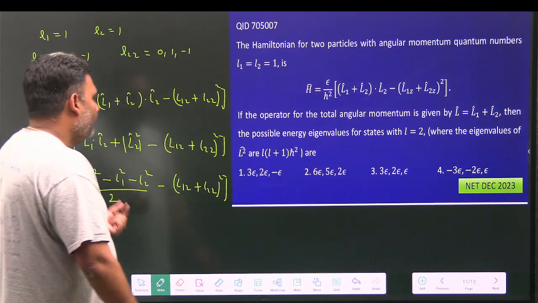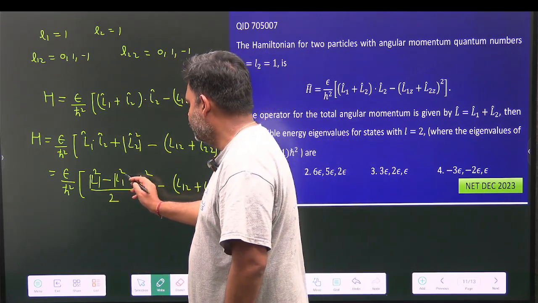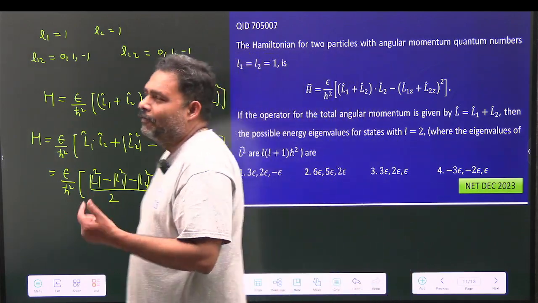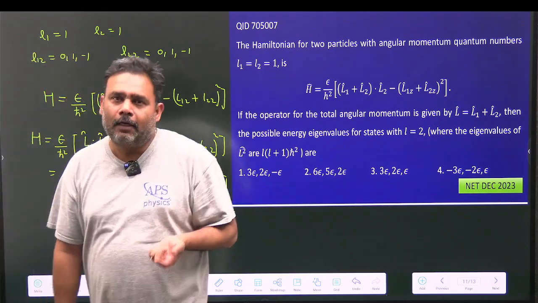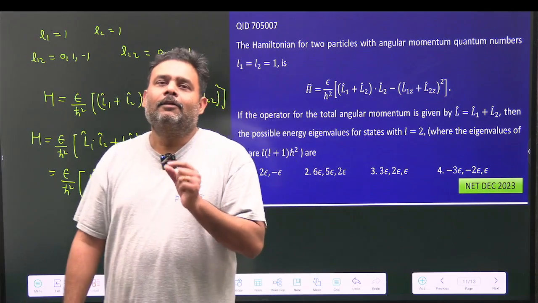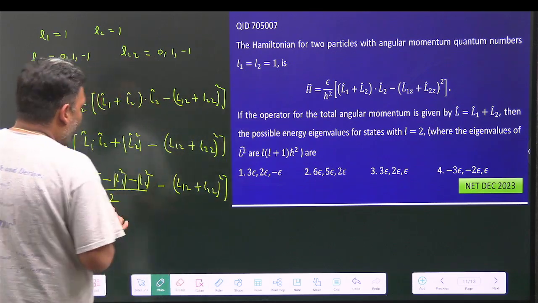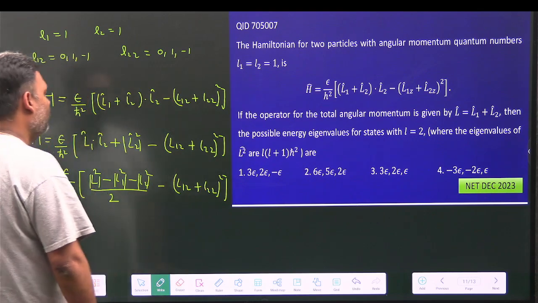And this is all about the mod value. And we know that this is the formula: the eigenvalue of L square operator is L into L plus 1 h cut square. The eigenvalue of L1 square operator is L1 into L1 plus 1 h cut square. Similarly, we can get the eigenvalue of L2. So this term will always remain the same, but this is really interesting.